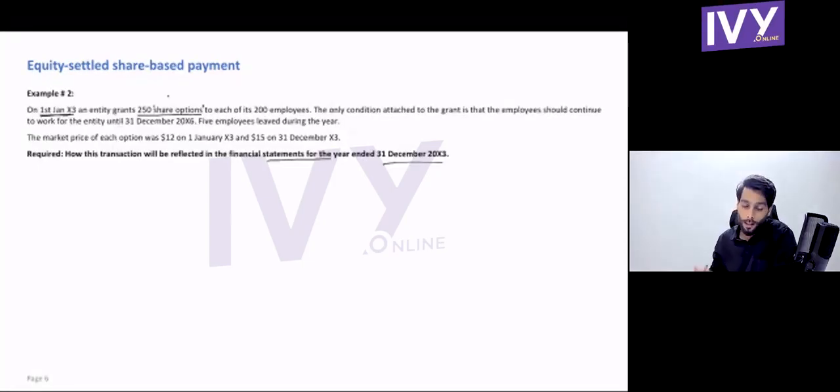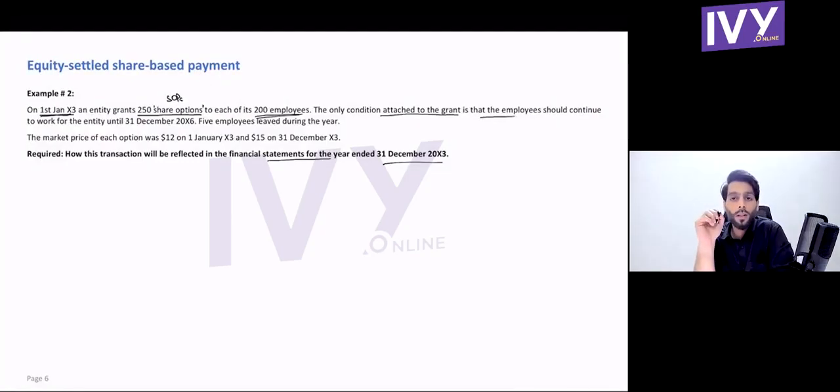So on 1st January 20x3, an entity grants 250 share options to each of its 200 employees. The only condition attached to the grant is that the employees should continue to work for the entity until 31st December 20x6, which means they have a vesting condition of 4 years.